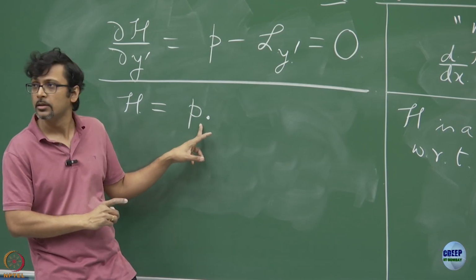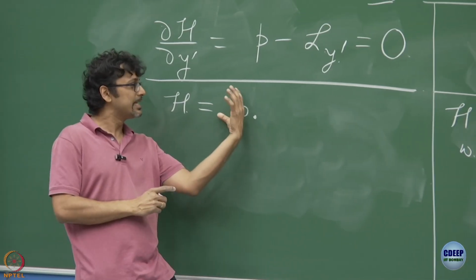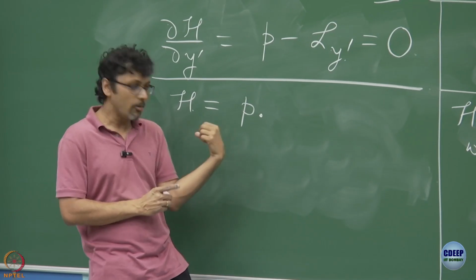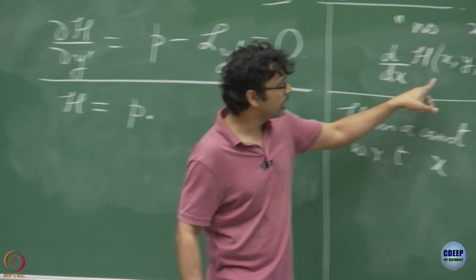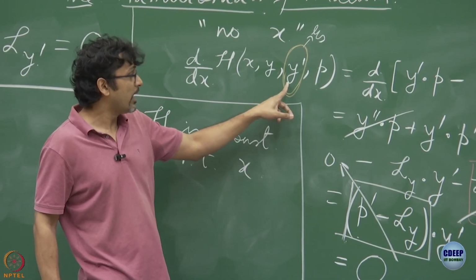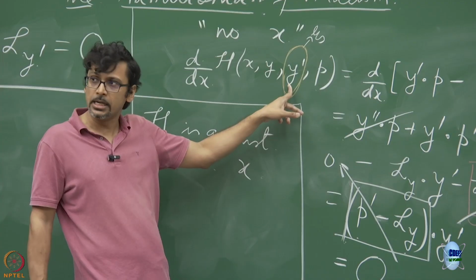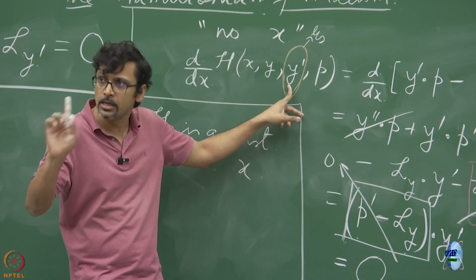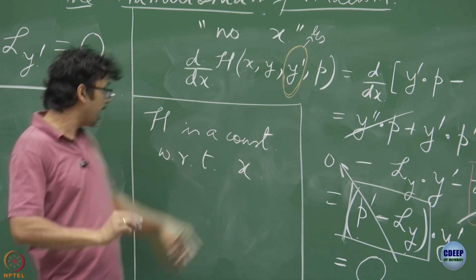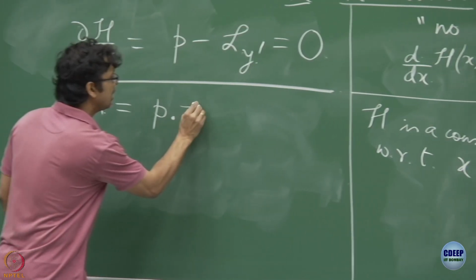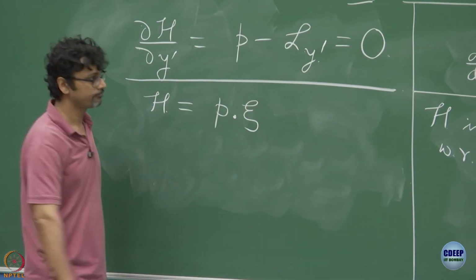So this one still uses y prime, but that lies hidden within. However, in the Hamiltonian's explicit expression, wherever the y prime appears independently, this is the key, independently, there I am going to consider it like an independent variable.